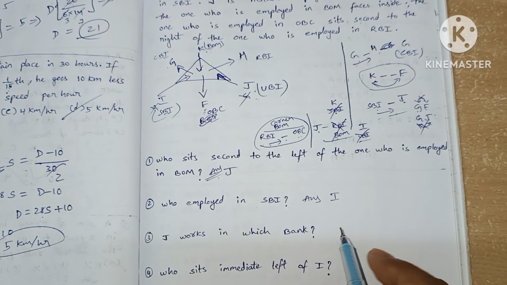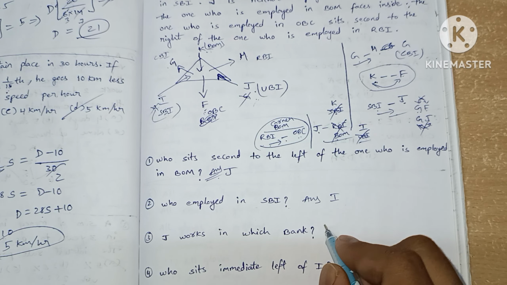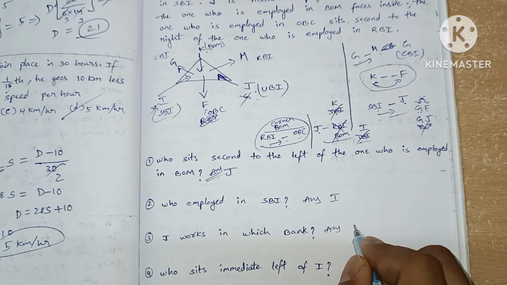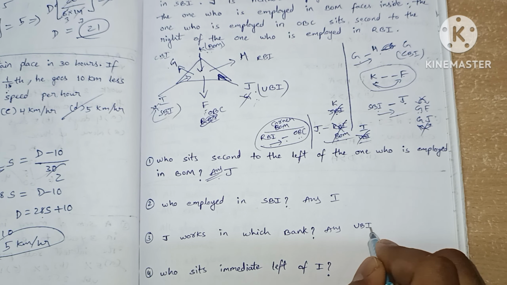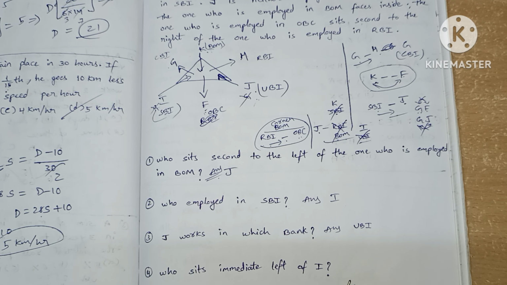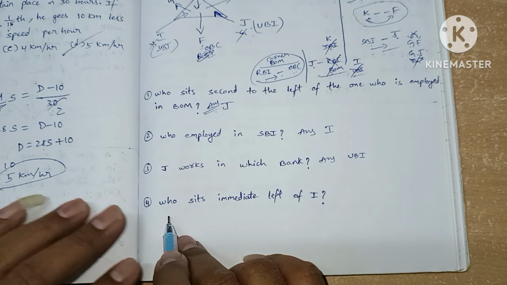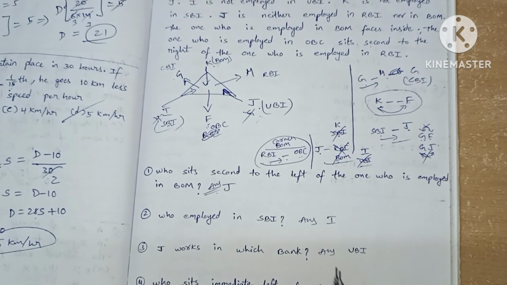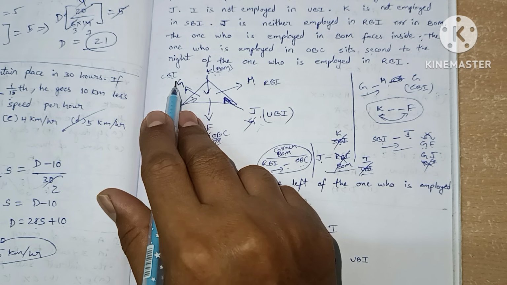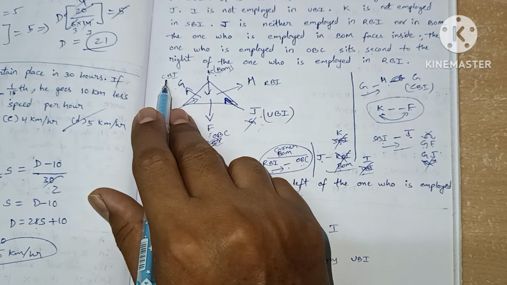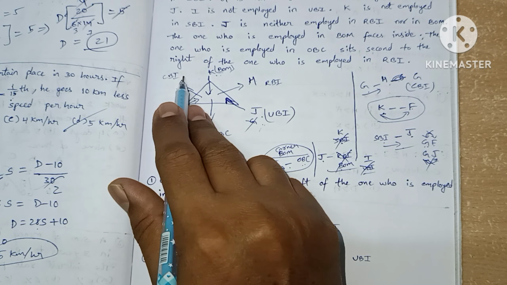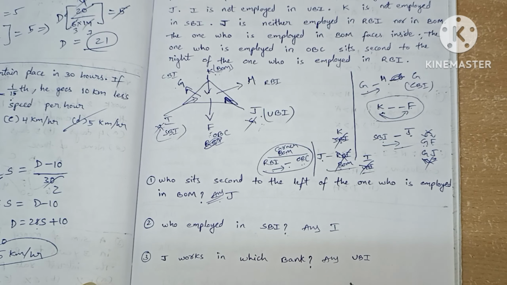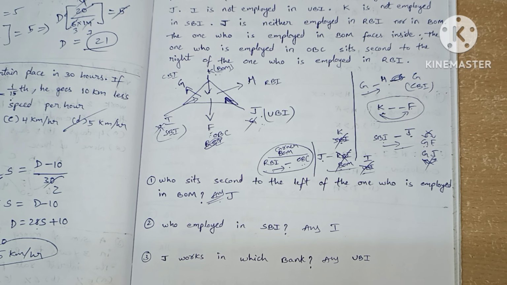J works in which bank? J works in UBI, Union Bank of India. Next one: who sits immediate left of I? The immediate left of I is G, the employee of CBI. CBI, G.